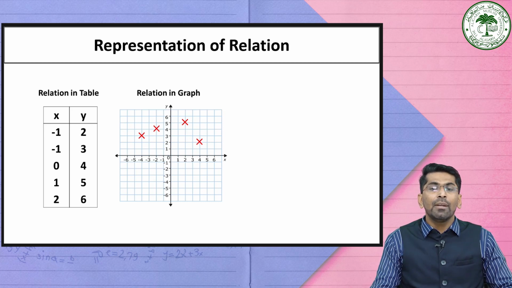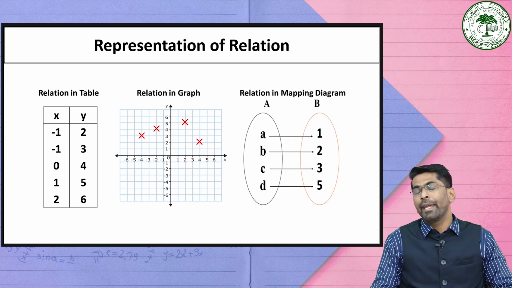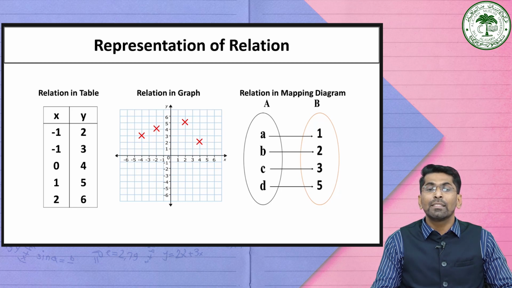Now we have another one, which is the mapping diagram. A mapping diagram is also a way to represent the relation between two sets using arrows. By using arrows, we show how each element in the first set is paired with an element in the second set.